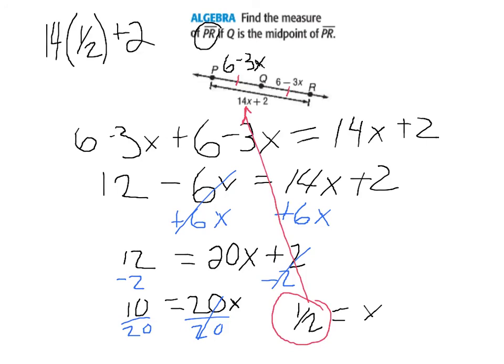Remember, times means of in math, so half of 14 is 7 plus 2, well, that equals 9, and 9 is my answer. Good luck on the problem.